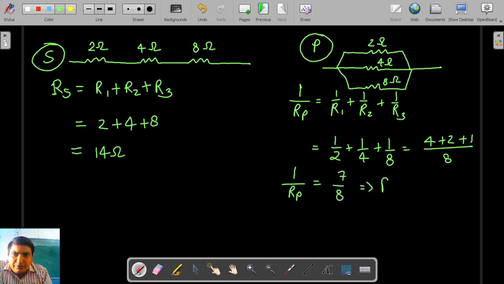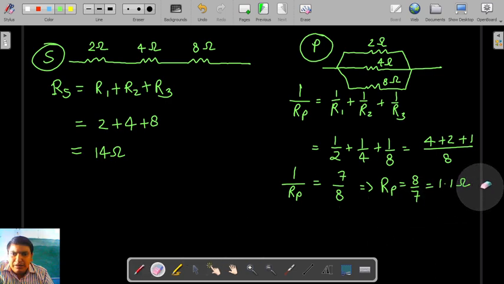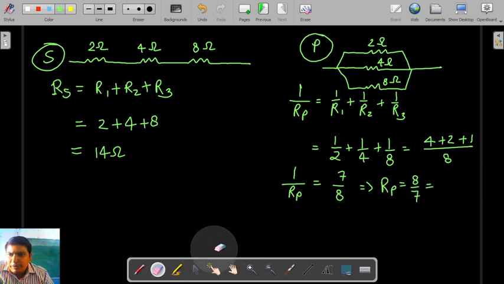So the total value Rp is equal to 8 by 7, which means approximately 1.1 ohm. Or if we take two decimal places, then we can take 1.14 and so on.